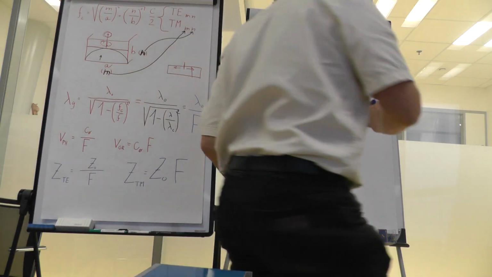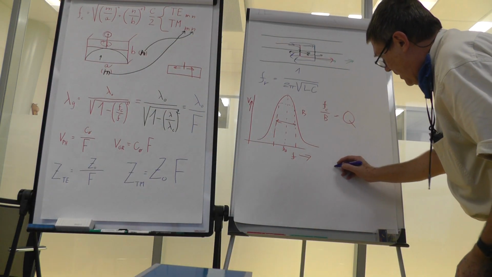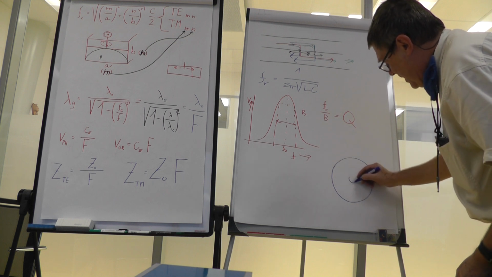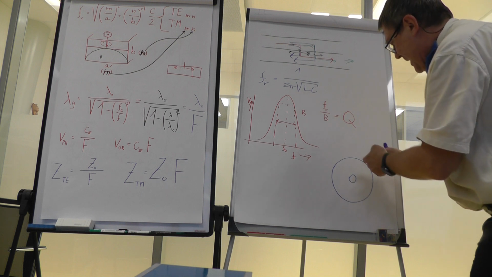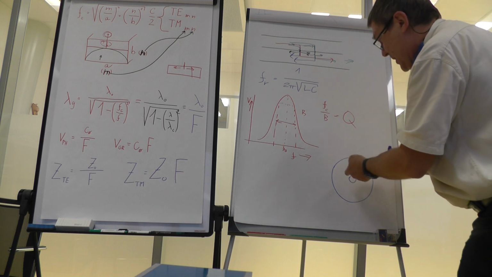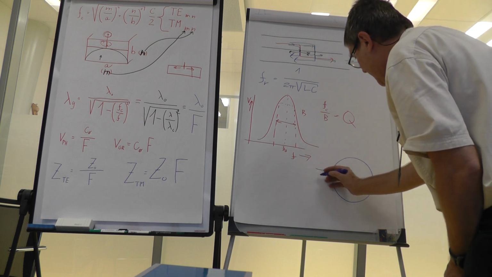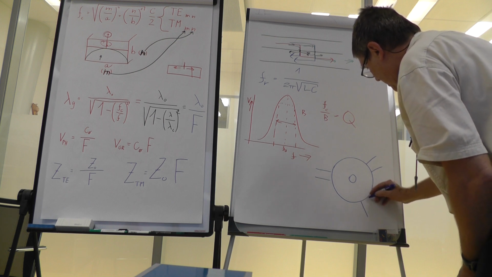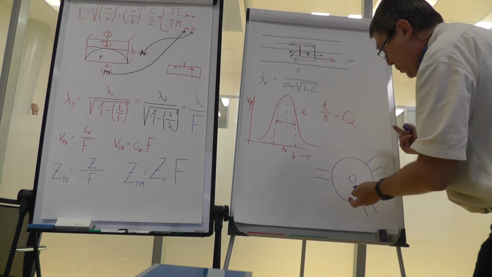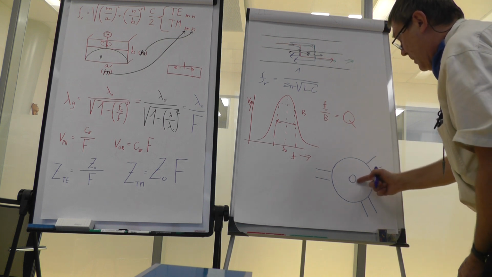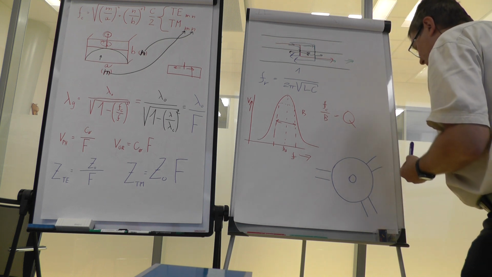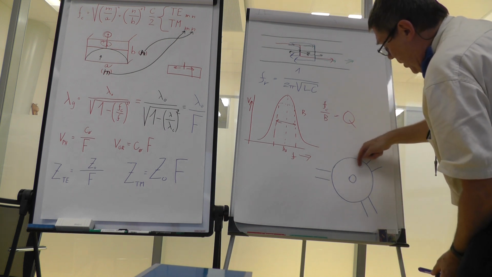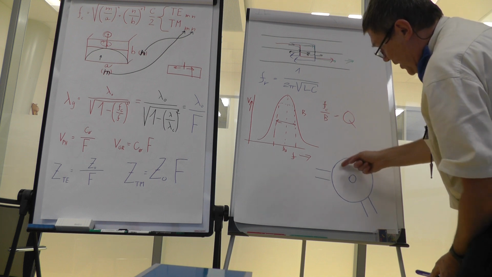Let's say that we have a circular space with the ferrite inside. Now this is again magnetized ferrite, which is non-reciprocal. Now imagine that you have three ports, inputs or outputs, and due to the magnetized ferrite, there are different propagation constants in this direction or this direction.